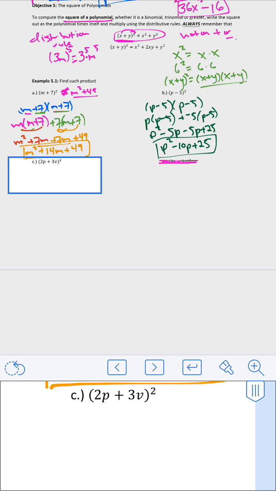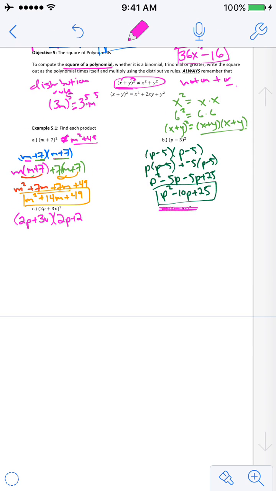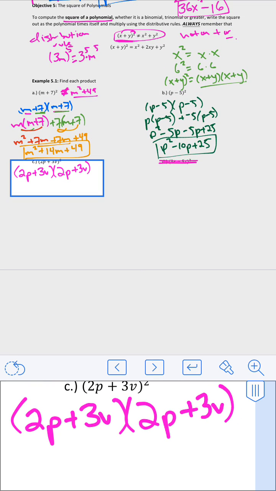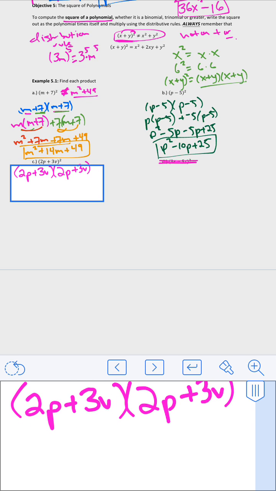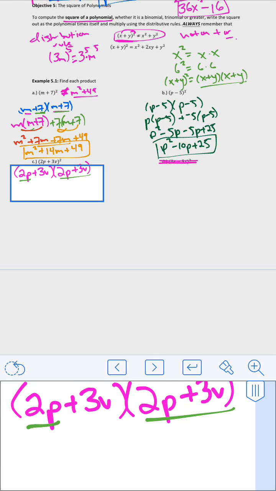In this case as well, we're just going to put 2p plus 3v times itself. Oops, 3v, not 2v. Plus 3v. It is not going to be 4p squared plus 9v squared. Instead, we're going to split it up, monomial times the second guy.